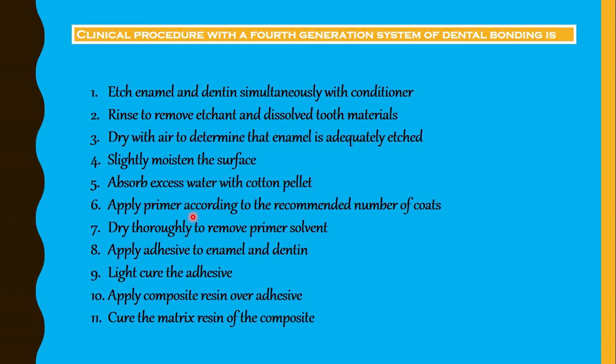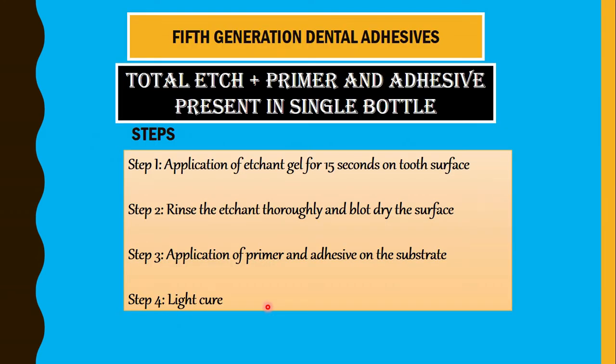Strictly we have to follow the manufacturer's instruction, and dry thoroughly to remove the primer solvent for proper interdiffusion and evaporation of the solvent, so as to increase the mixture entropy. After that, apply adhesive to enamel and dentine, light cure the adhesive, apply composite resin over the adhesive and cure it.